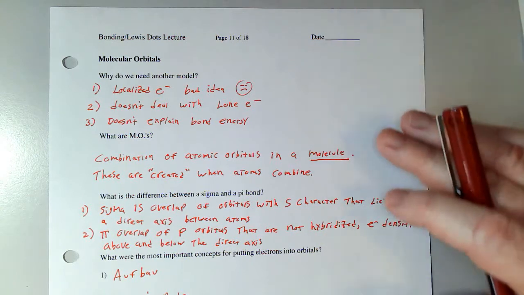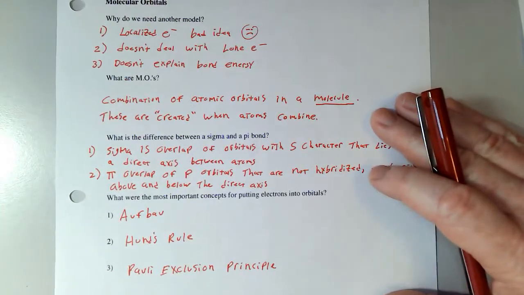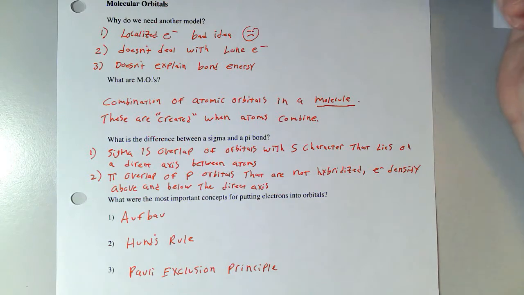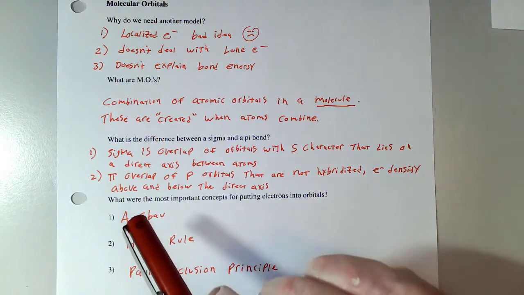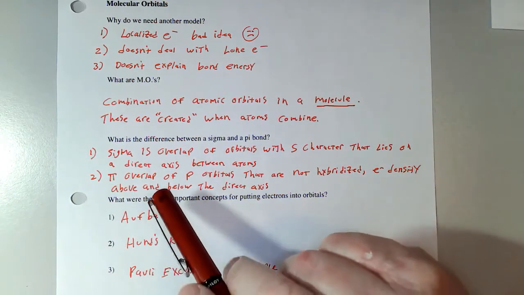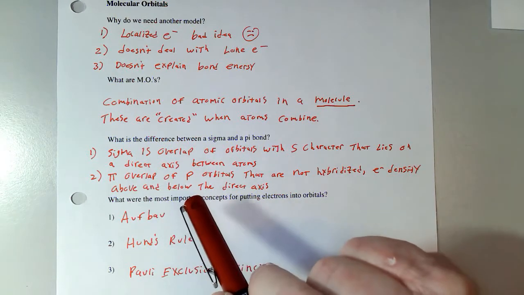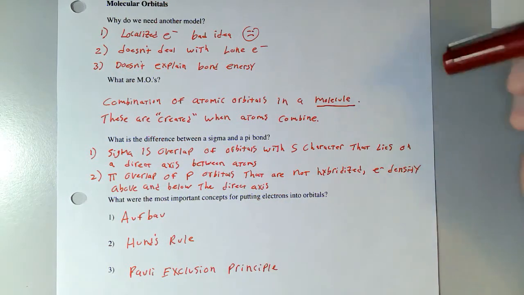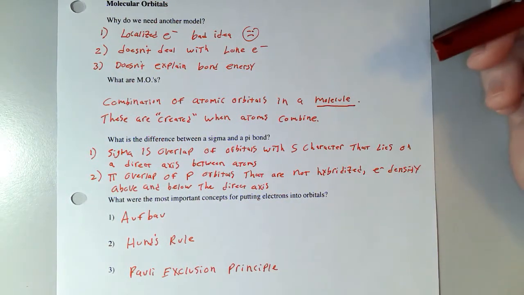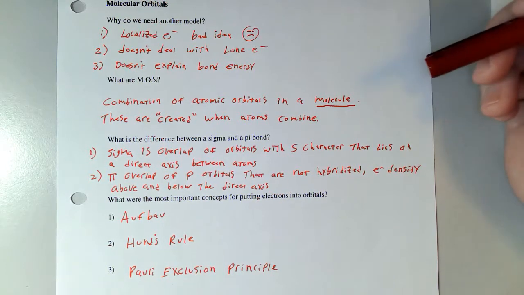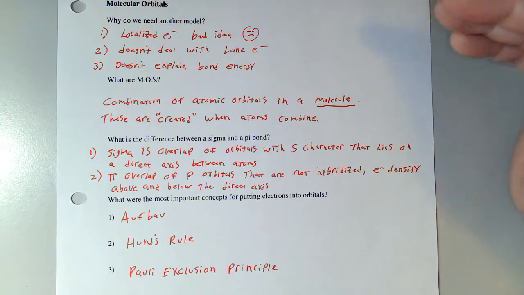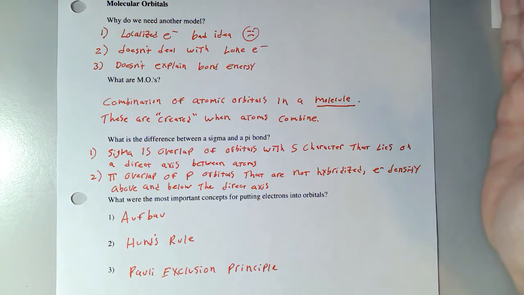Okay, so now let's review something from the last set of lectures, pages 7 through 10. A sigma bond is overlap of two orbitals that both have s character in them. That bond is going to lie on a direct axis between two atoms, a straight line.